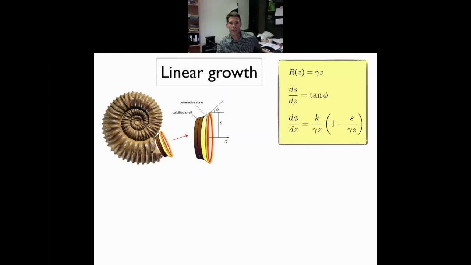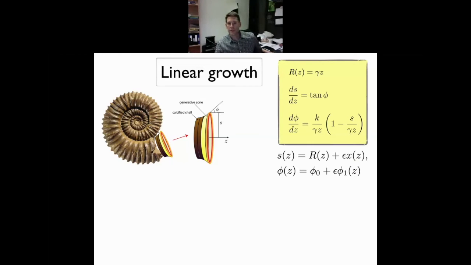Now we can simplify things. So suppose that the growth is linear. So the radius of the stress-free mantle ring, suppose that's just some scalar times Z, Z being the arc length following the center line of the shell. Then we get a simplified system as appearing here.